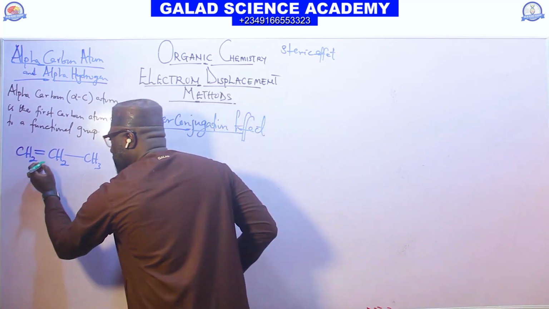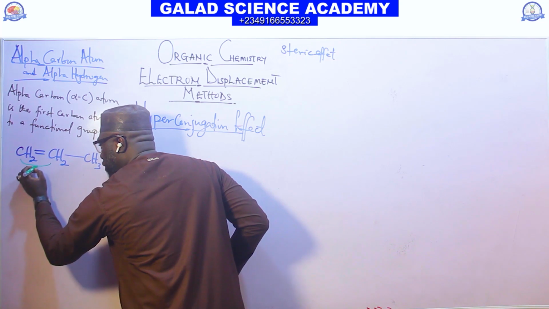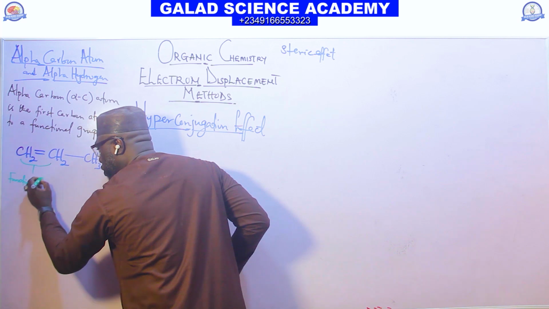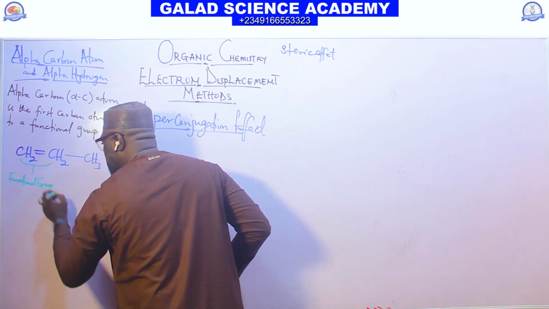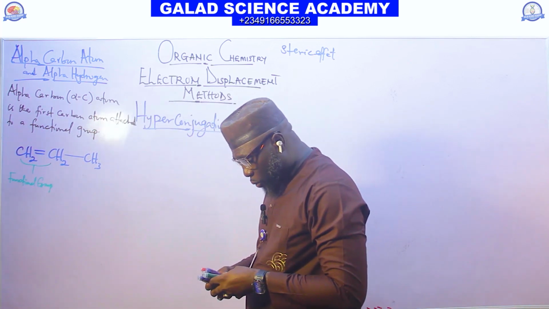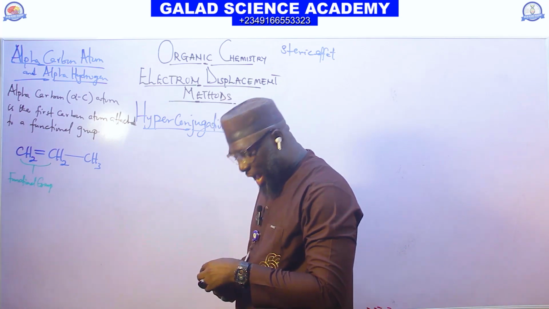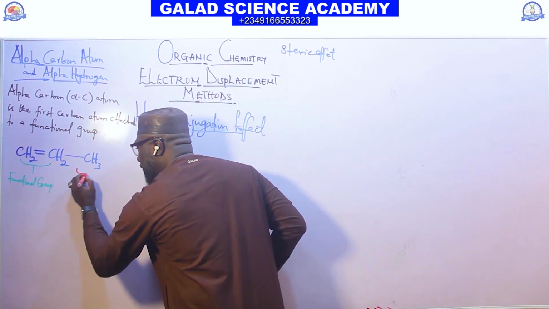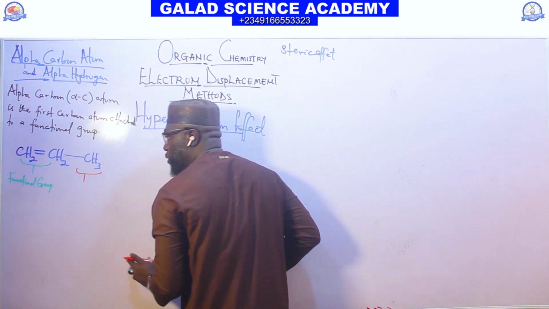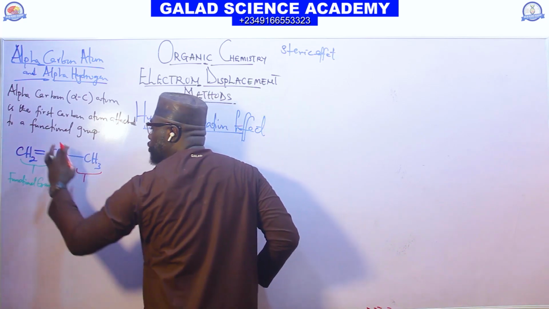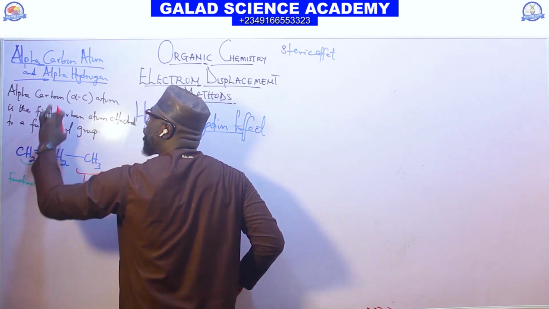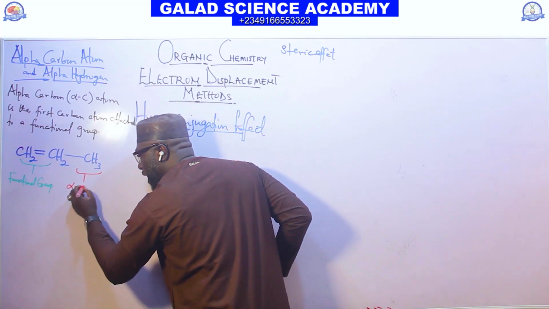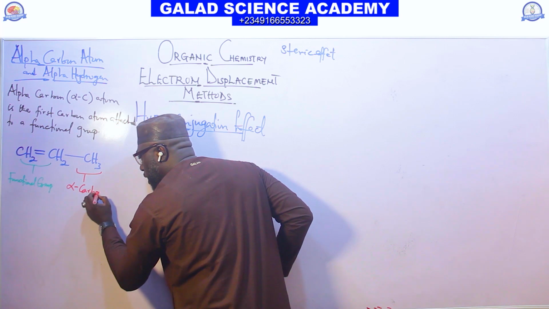This is the functional group of this structure. But which carbon is attached to the functional group? Any carbon attached directly to the functional group is called alpha carbon. So this carbon we call alpha carbon.